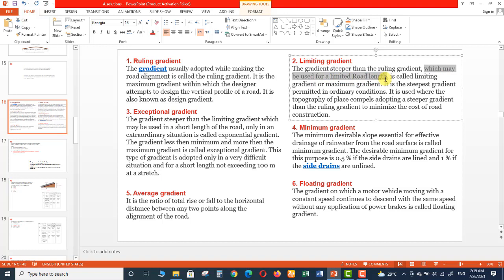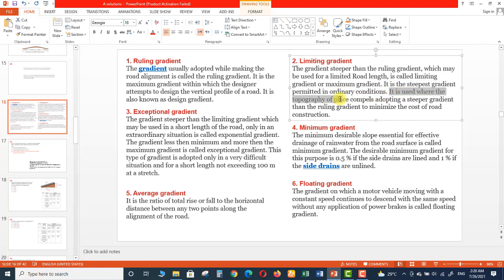That's why it is called limiting gradient or maximum gradient, and it is called maximum gradient because it is greater than the ruling gradient. It is the steepest gradient permitted in ordinary conditions.